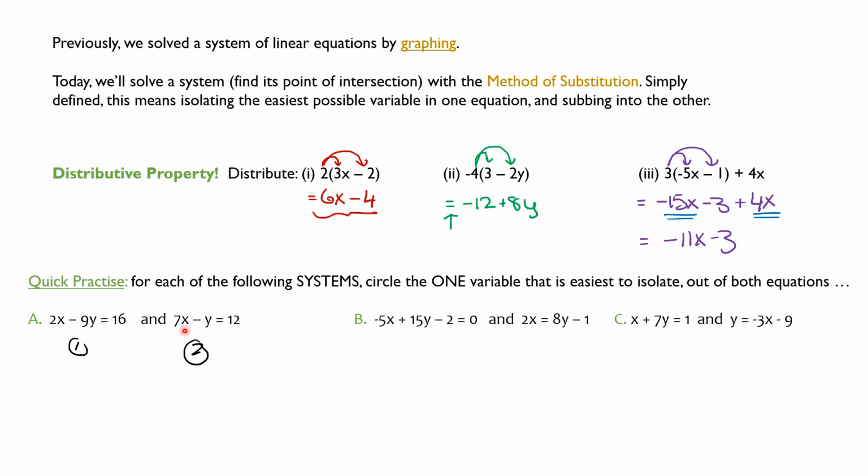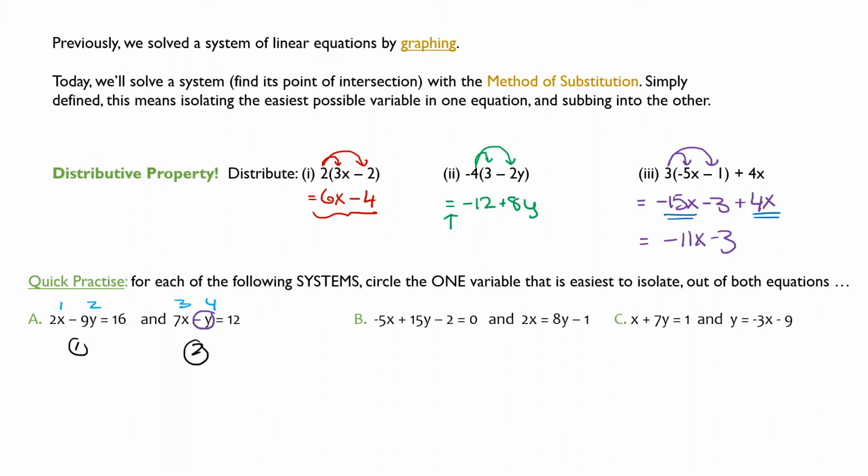You've got an x, a y, an x, a y. Well, 4 terms with variables. But the easiest out of all 4 is the y. The question says circle the one variable that is easiest to isolate. So this variable is easiest to isolate.